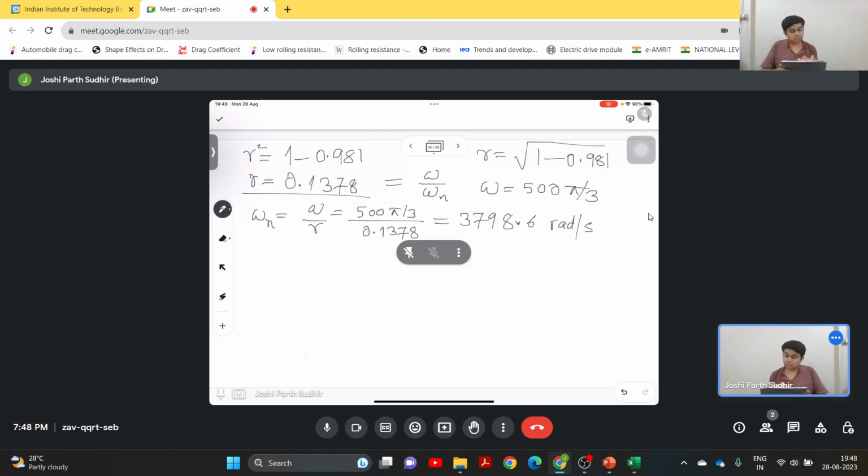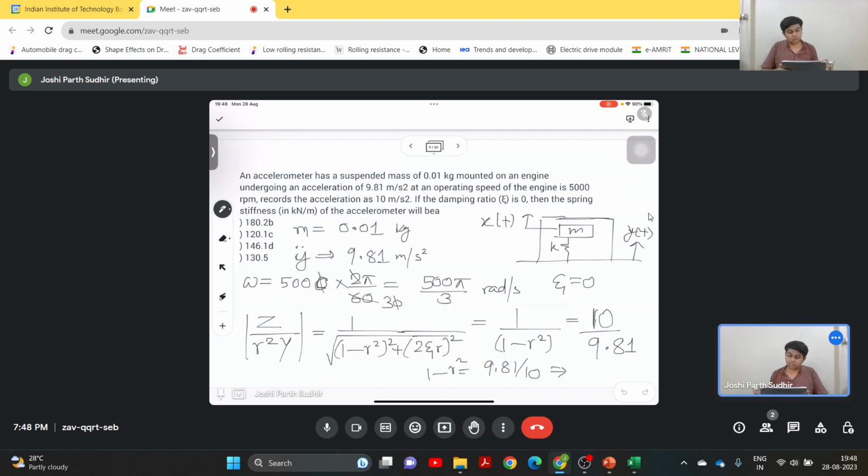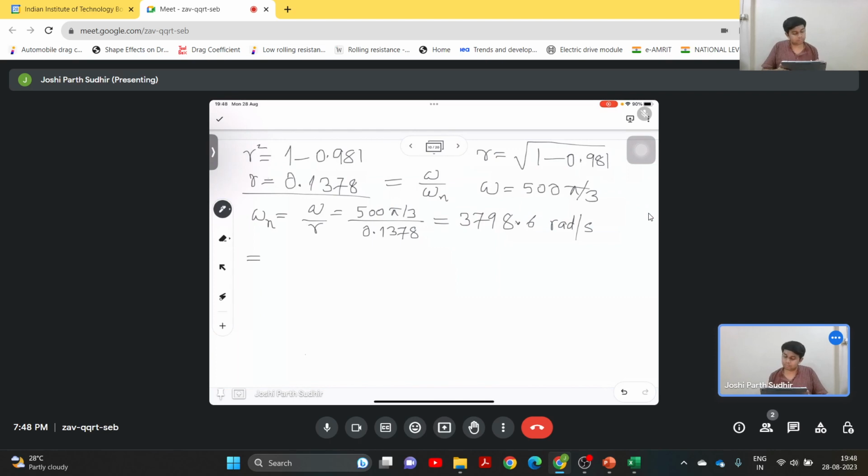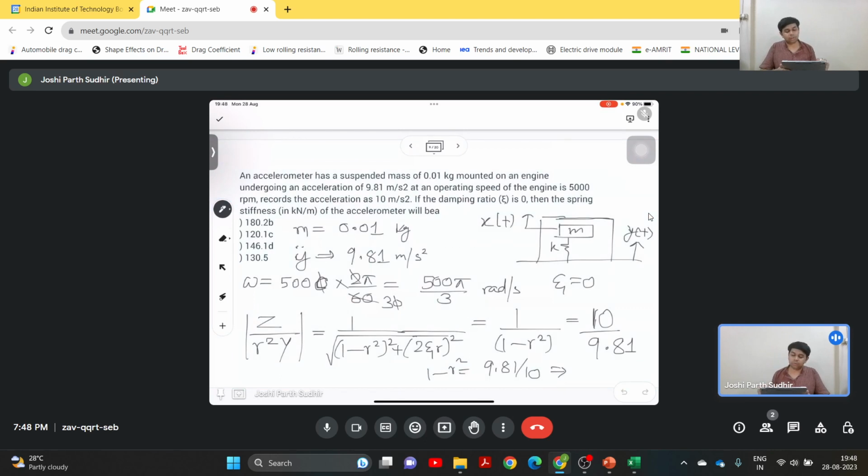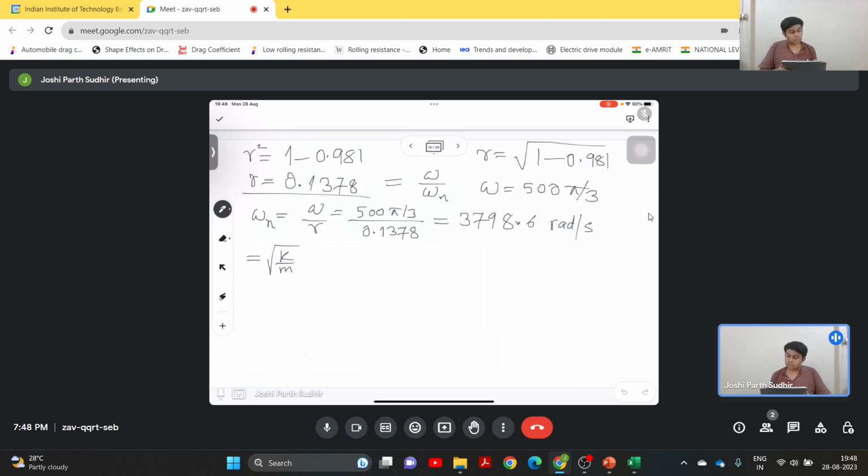So we already know that the natural frequency omega n is root k by m, and it is given that the accelerometer has a suspended mass of 0.01 kg. So we already know m. Therefore k is equal to 3798.6 whole square into 0.01.